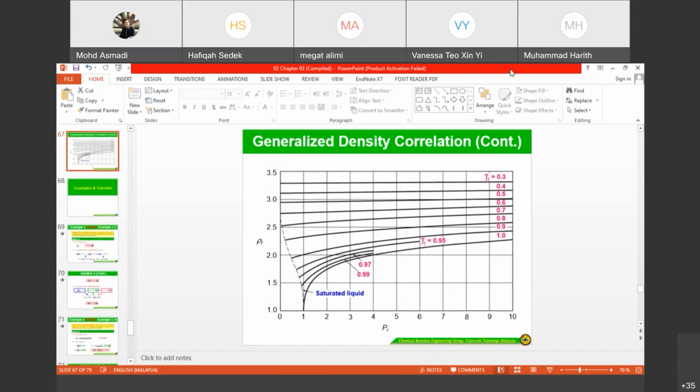When you calculate TR2 and PR2, the value is 1.017, just slightly below this one, and then 2.015 is outside. We cannot find the value of rho R for the second condition, the final condition. But for the initial condition, yes, you can get the value of rho R1.